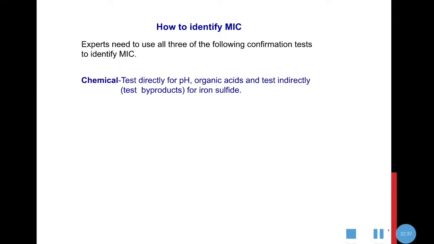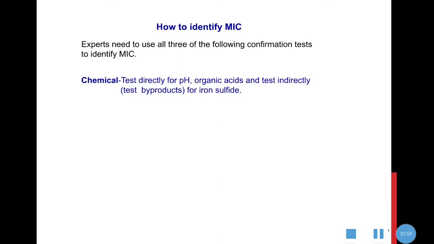So normally the expert use the chemical test, which is test directly for pH, the organic acid, and test indirectly, test by-product. Apa by-product yang ada pada permukaan tu for iron sulfide.